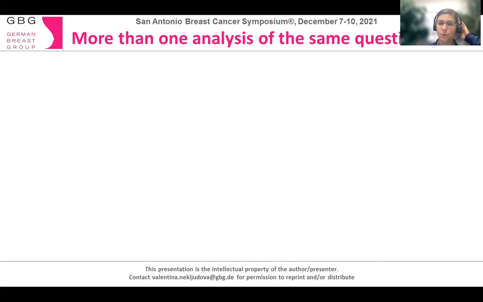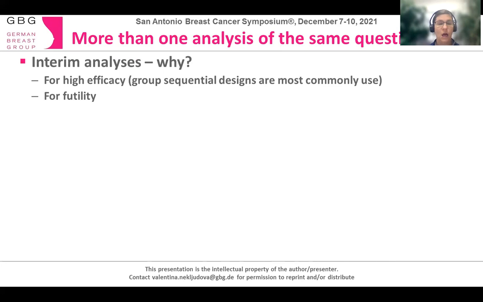Sometimes you don't want to answer several questions, but you want to do several analyses for the same question. Why? You may test for high efficacy, and if you are lucky, you will read out your trial earlier. You plan for a moderate effect, but hope for big.